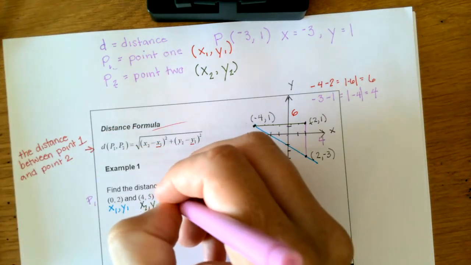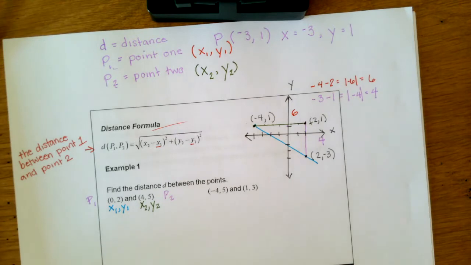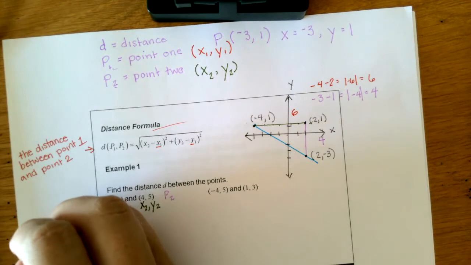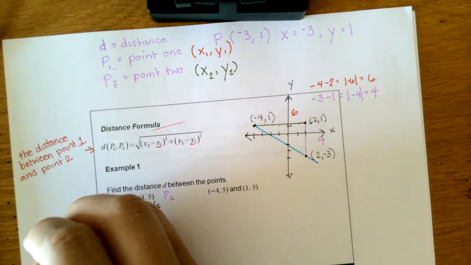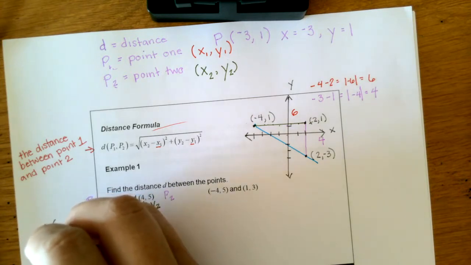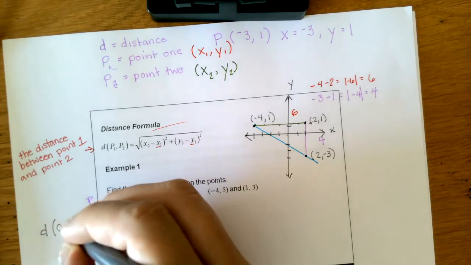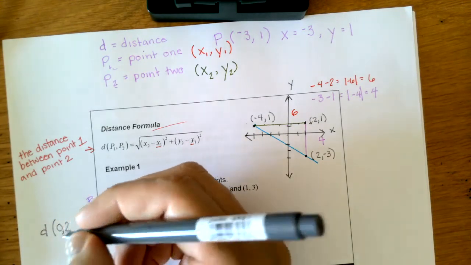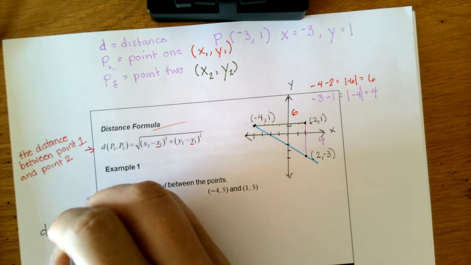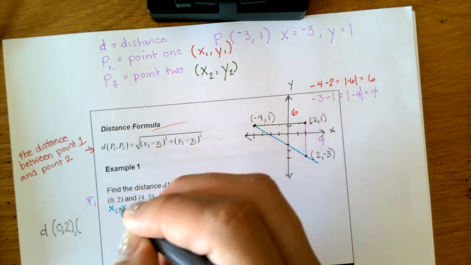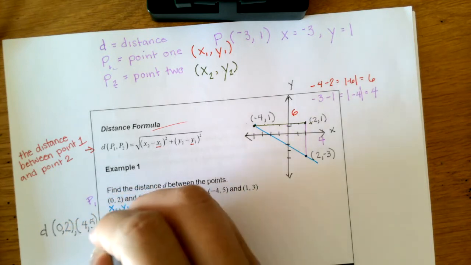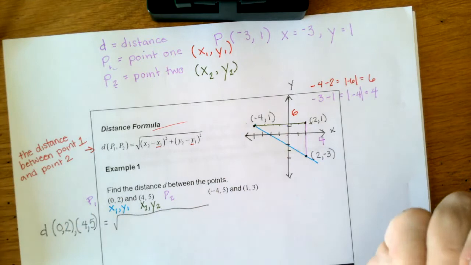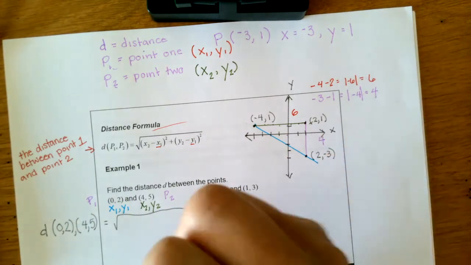P1, P2. The distance formula says the distance between (0, 2) and (4, 5) equals the curviest square root ever.